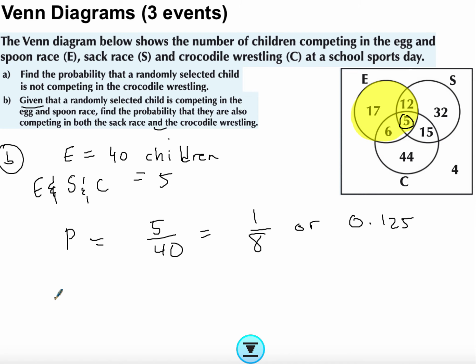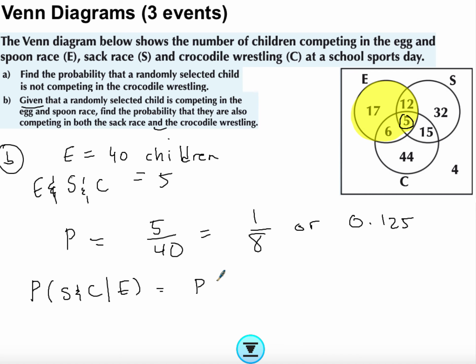If you want the rule for conditional probability, this is the probability that they're competing in the sack and the crocodile race, given that they have competed in the egg race.